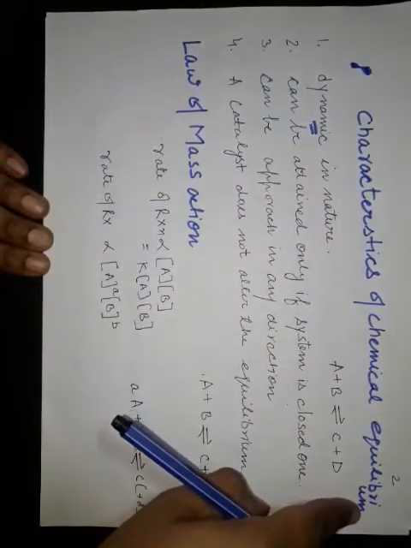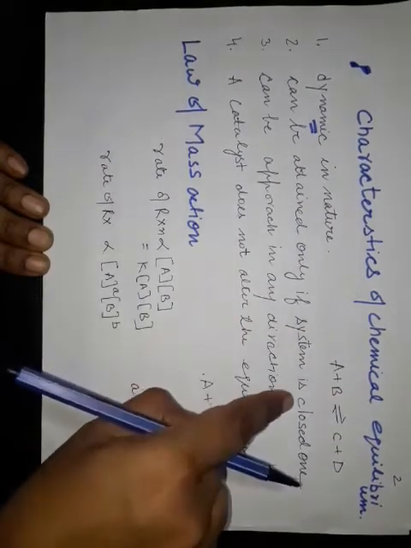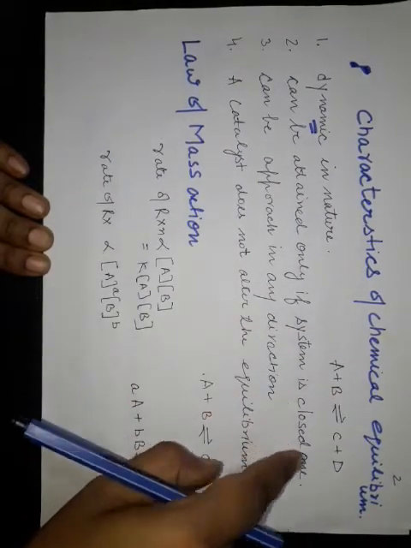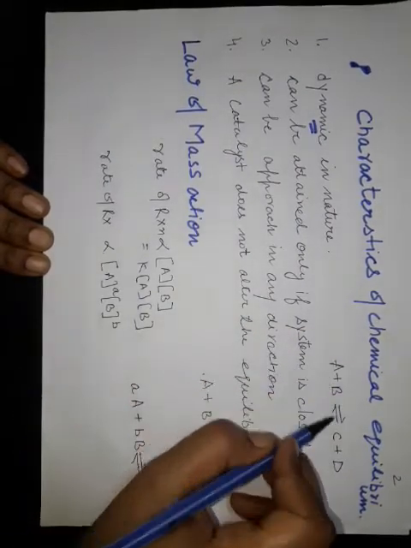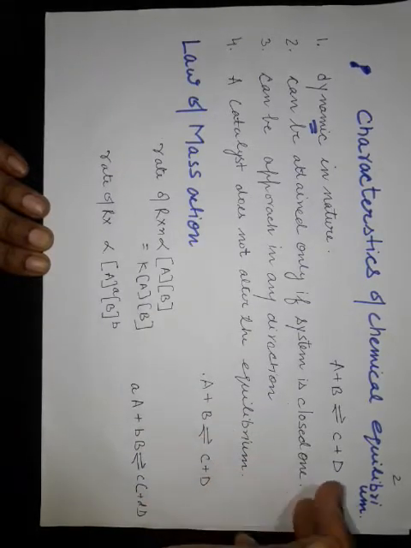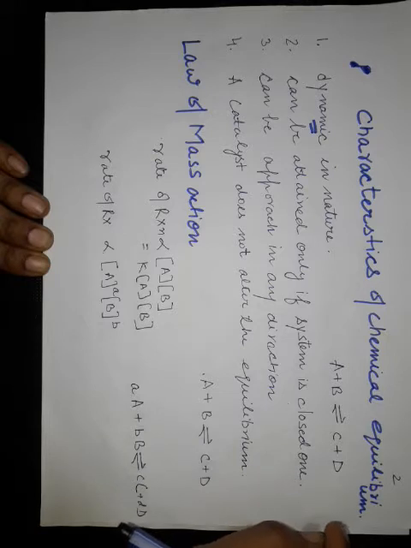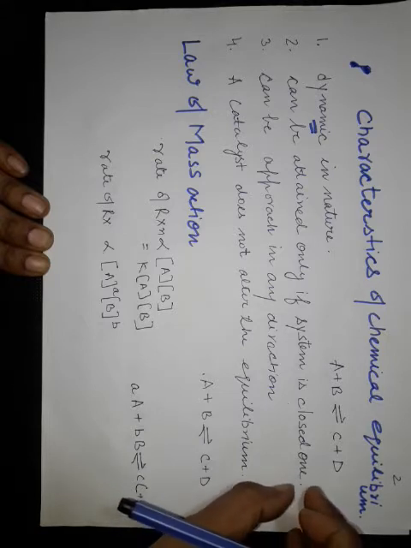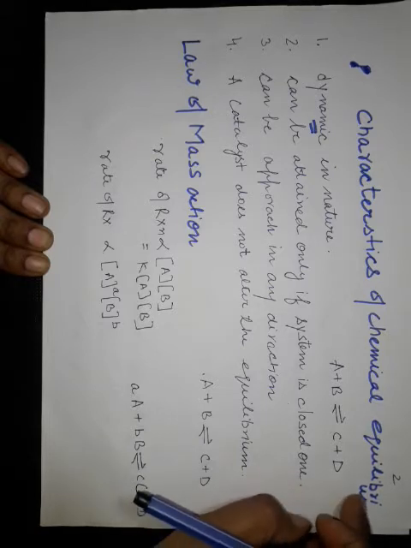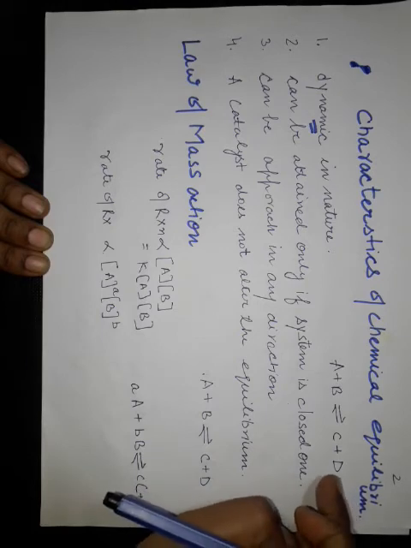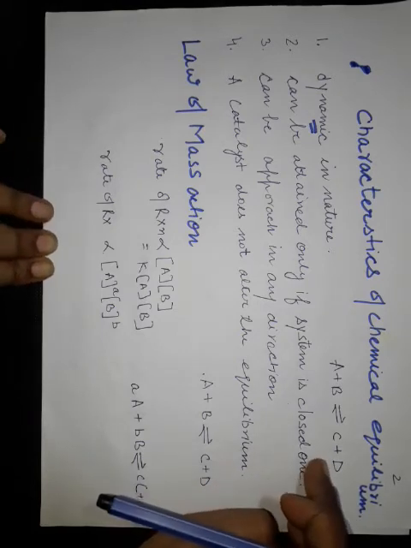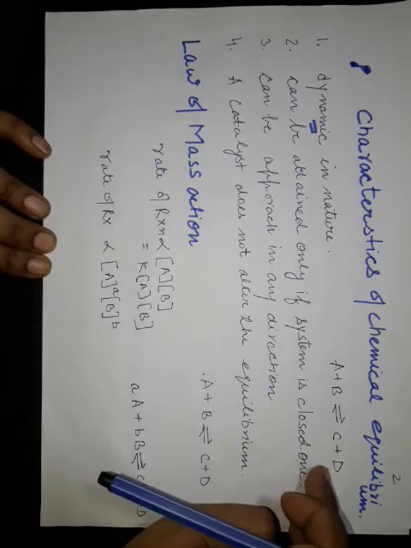Chemical equilibrium can be attained only if the system is closed. Students, if any one of the products is gaseous and we are observing our process in an open container, the gas can escape. So the amount of product which is formed decreases.